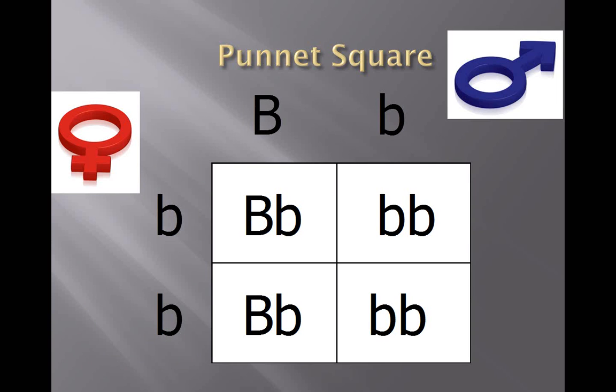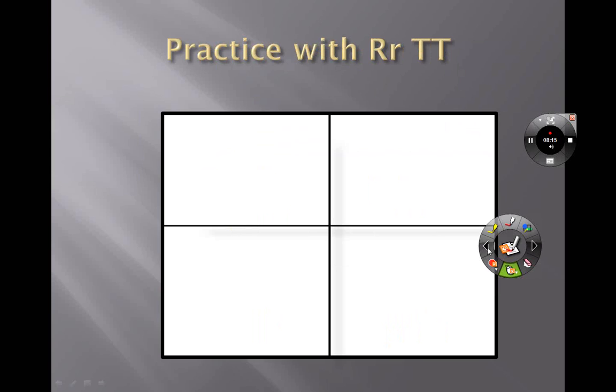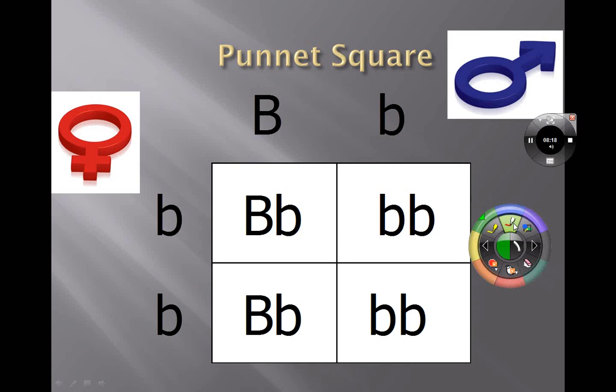Here's how you build the Punnett square. You put one on the top, the other on the side. I guess here's how I've done it. One of the parental units on top, big B, lowercase b, the other parental unit on the side, and you just simply match it up.